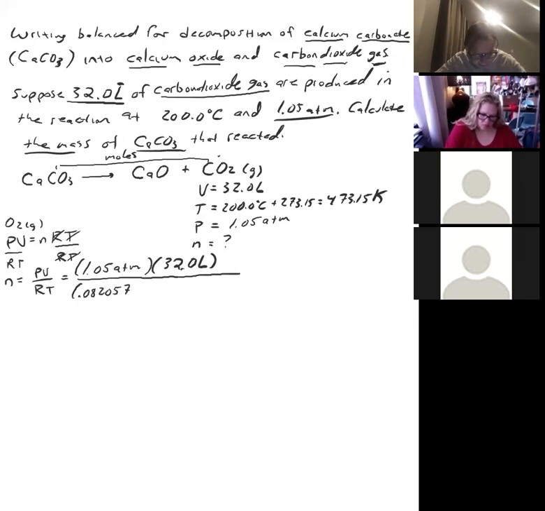I'm going to have a little more room in here to show you how the units work out. And then our temperature is 473. Notice that with this particular problem, I converted the temperature immediately. That's not a bad idea to deal with gas law problems because you need to have it in Kelvin. So atmospheres are gone, they divide out. Liters are gone, they divide out. Kelvin are gone, they divide out. And you're left with 1 divided by 1 over moles. So this would be moles of CO2.